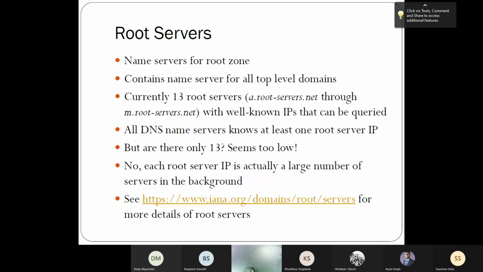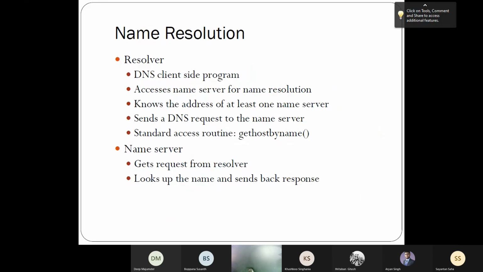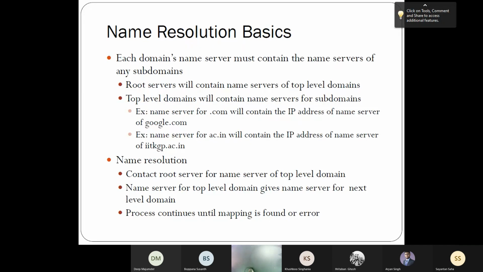Okay, now we have all the ingredients. The DNS client-side program is called the DNS resolver. So when we call gethostbyname, you're calling the resolver to get the IP. So what is name resolution?